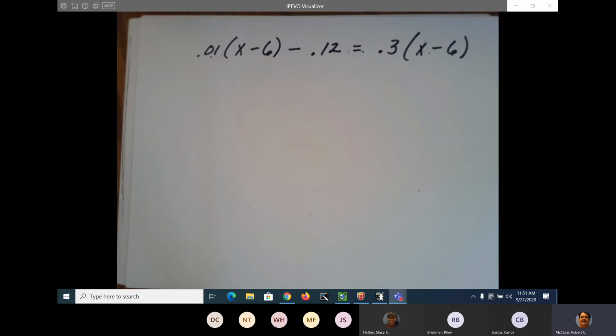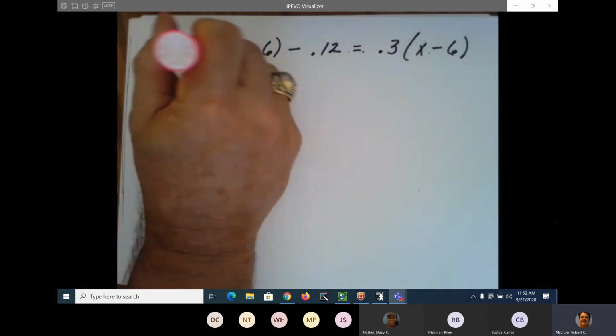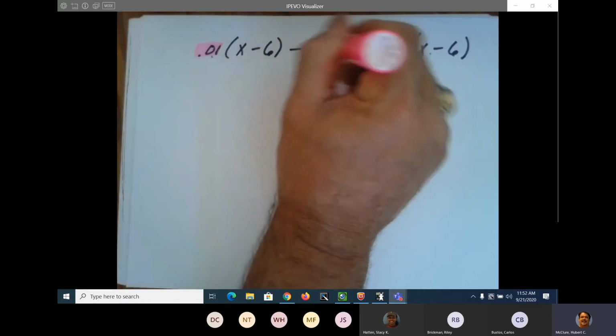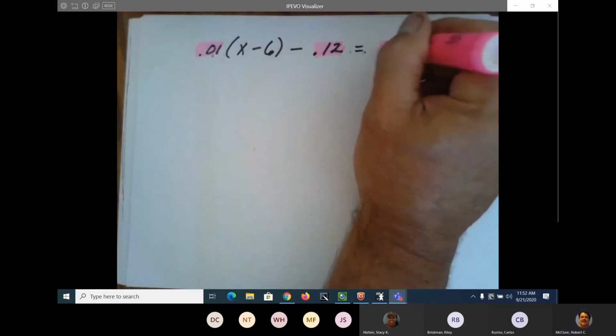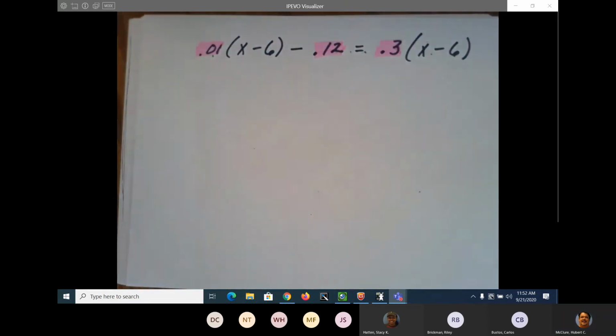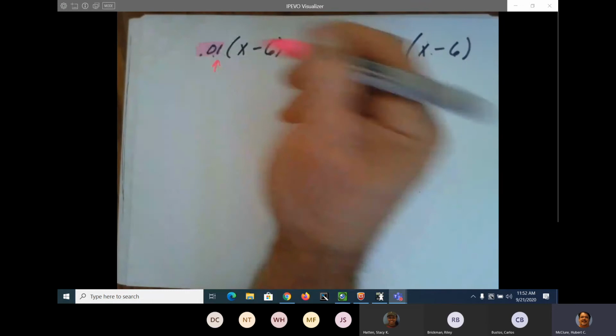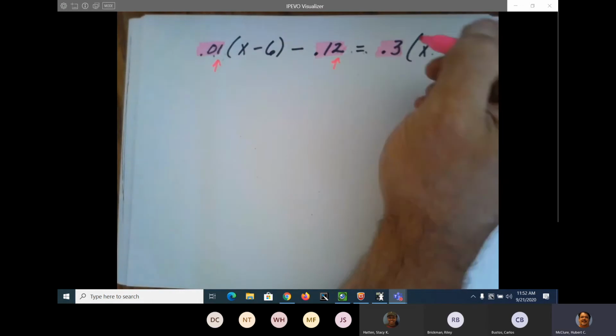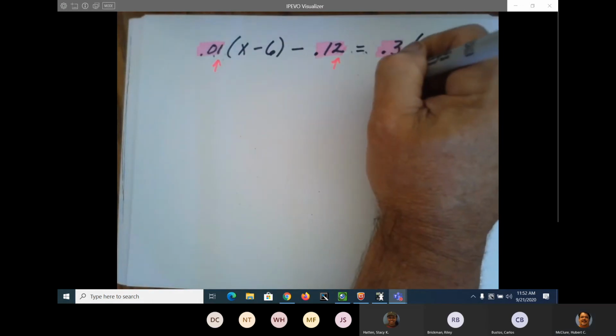Okay, what's different about this one? Well, I'm going to take my pink highlighter. How many decimals do we have? We've got 3. And you've got to zero in on those 3. We've got a tenth, a hundredth, and a tenth.